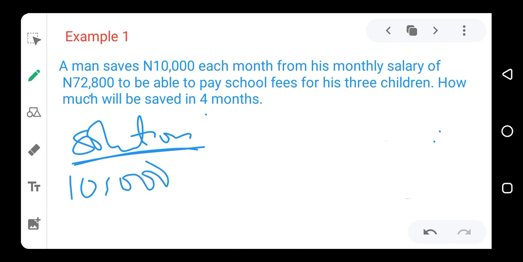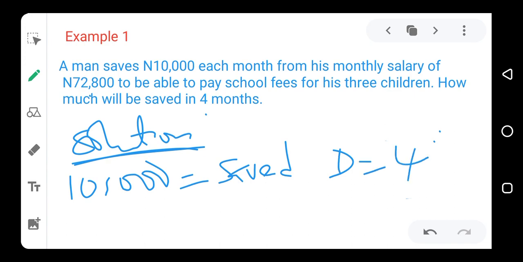Then how much will be saved in 4 months? The duration: how long are we saving this money? 4 months. So the duration D is equal to 4.